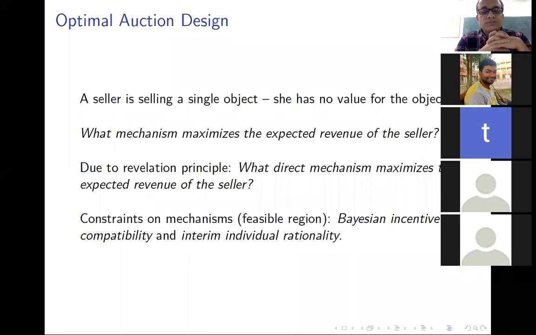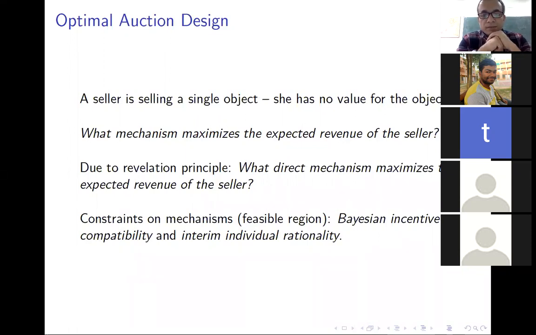Okay, so the question in the paper is what mechanism maximizes the expected revenue of the seller? And we know because of the revelation principle that we can put the same question as what direct mechanism maximizes the expected revenue of the seller. Okay, and the constraints on mechanisms would be incentive compatibility and individual rationality.